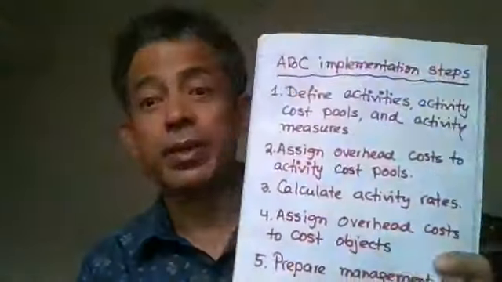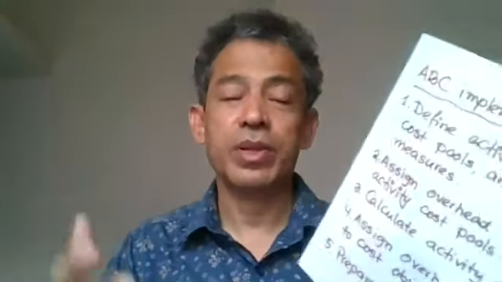Number 3, calculate activity costs. Calculation of activity cost means once you know which activity is going to which cost pools, then we have say grading or teaching as one activity. You can find, okay, teaching involves all these different resources. The total cost of teaching is say $2 million.